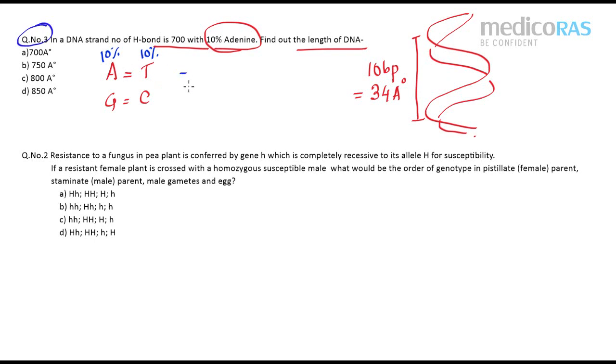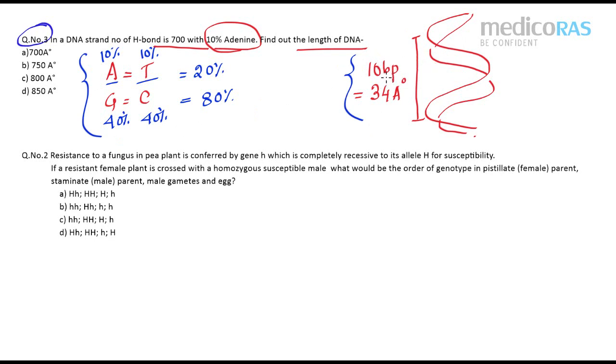So 10 plus 10, total how many percentage did we get? 20%. So out of 100%, if 20% is only for adenine and thymine, how many left? Now 80% left. So that 80%, if I equally divide, then 40% will be for the guanine and 40% will be for the cytosine.